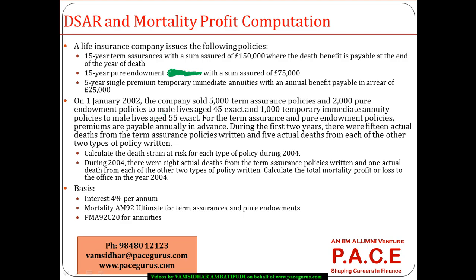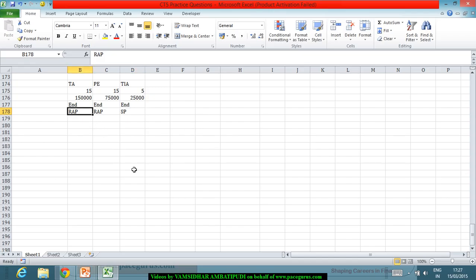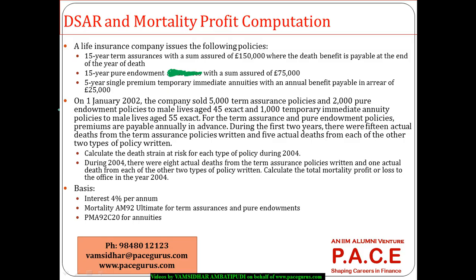On January 1st, 2002, the company sold 5,000 term assurance policies, 2,000 endowment policies, and 1,000 temporary annuity policies. Here we have the benefit amount, the duration of the policy, the premium mode, and the number of policies sold.